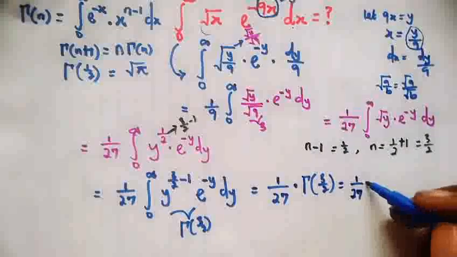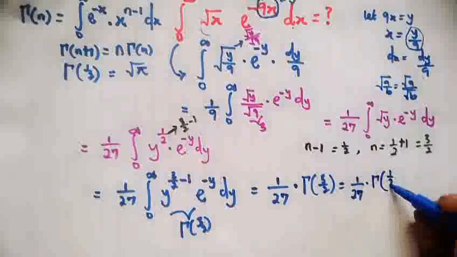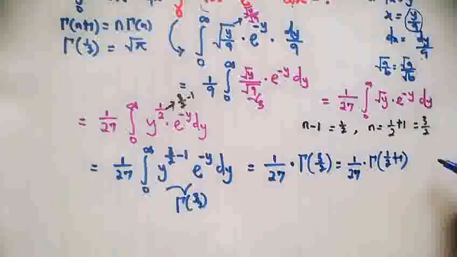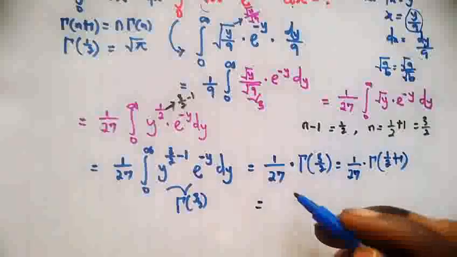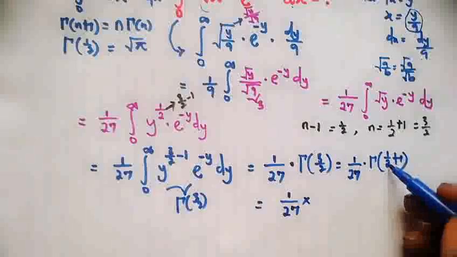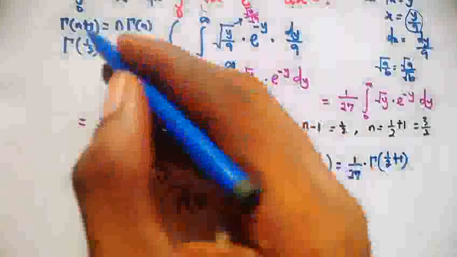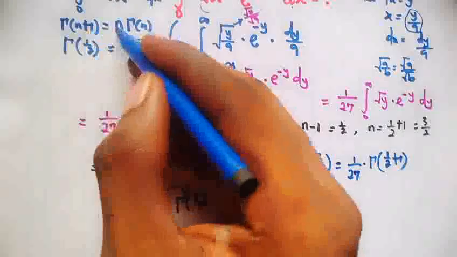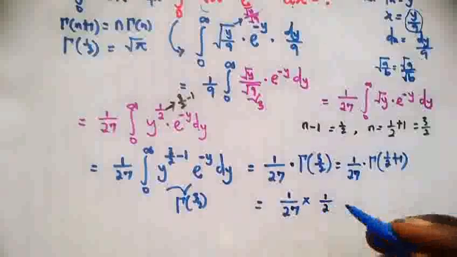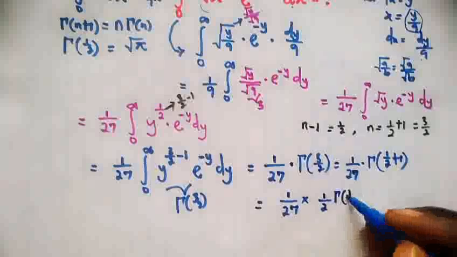1 over 27 times the gamma of 1 over 2 plus 1. Now this is equal to 1 over 27 times, according to the property gamma of n plus 1 is equal to n times gamma of n, 1 over 2 times the gamma of 1 over 2.